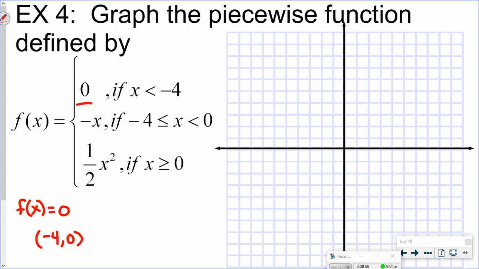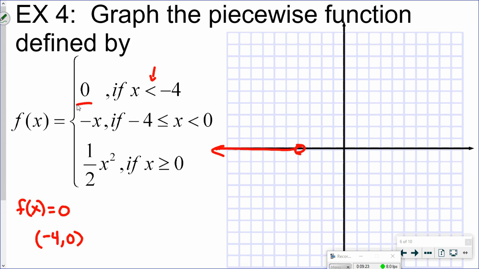Okay, I'm going to use an open circle because this does not have an equal to. -4, 0, open. And then it's where x is less than -4. So that would be to the left. So there's that first piece. Okay.